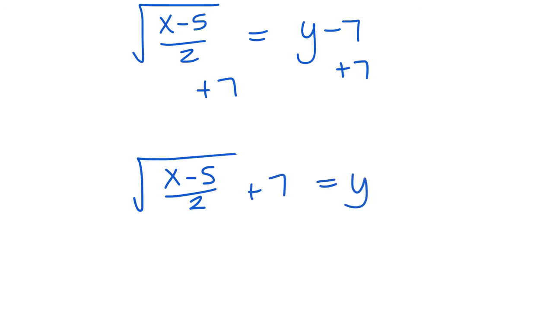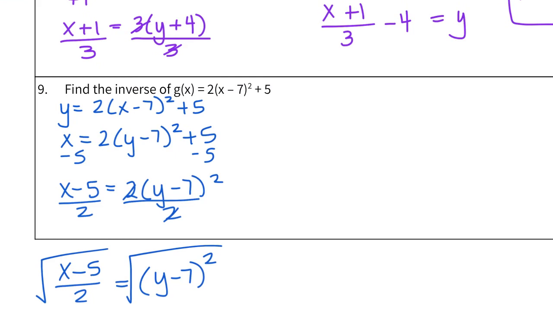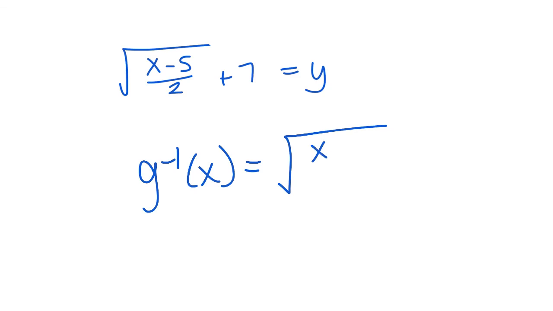Now we're done. Y is by itself, but we're going to write this in inverse function notation, and they originally used the letter g, so I'm going to keep using g. So this will be g inverse of x equals the square root of x minus 5 over 2 plus 7.